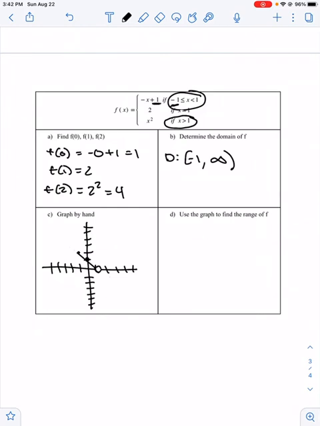Next we have 2 and x equals 1. So that just means this is a point of 1, 2. So at 1, 2, I'm going to make a point there. Then x squared. So I'm going to go ahead and graph x squared.